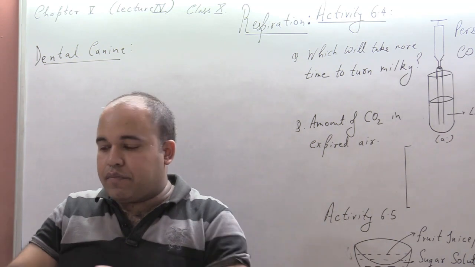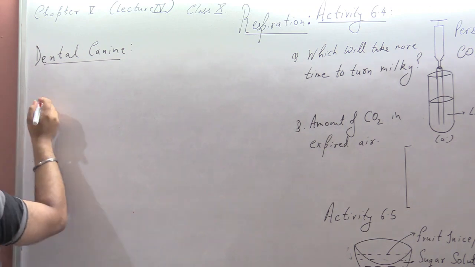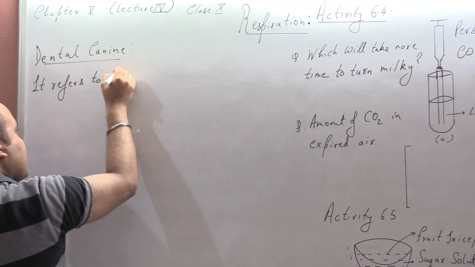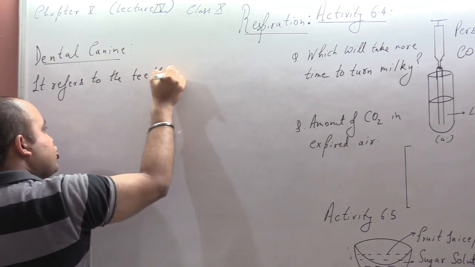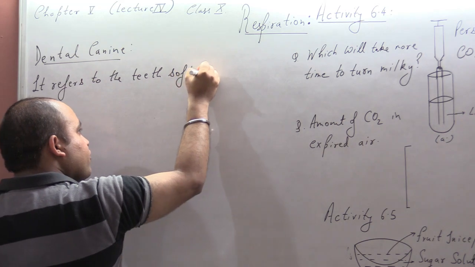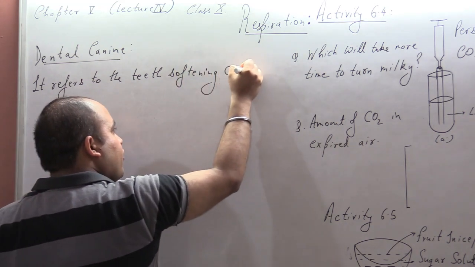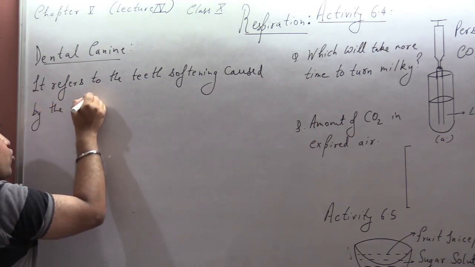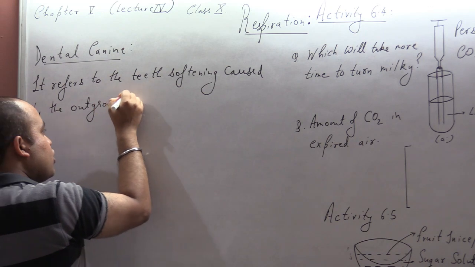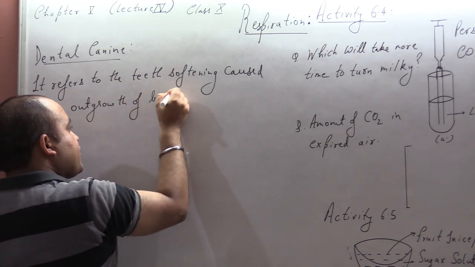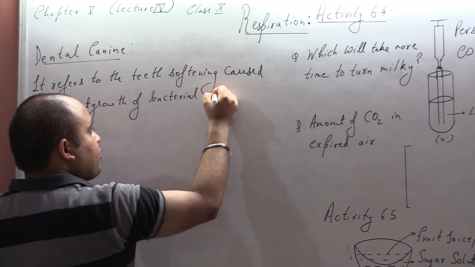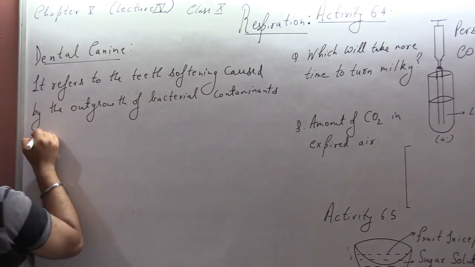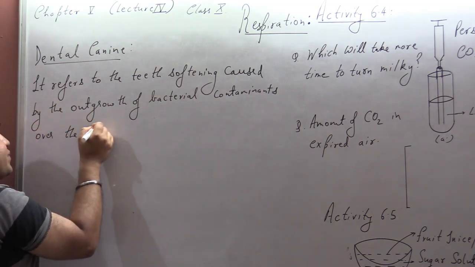Okay. Dental caries refers to the teeth softening caused by the outgrowth of bacterial contaminants over the teeth.